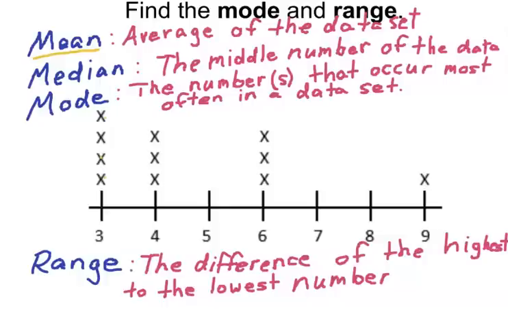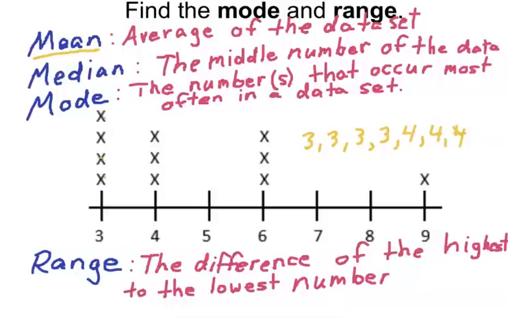So if you were to write the data set out, it would actually be 3, 3, 3, 3. And then how many 4s are there? Well, there's 3 4s, so they're going to be 4, 4, and 4.